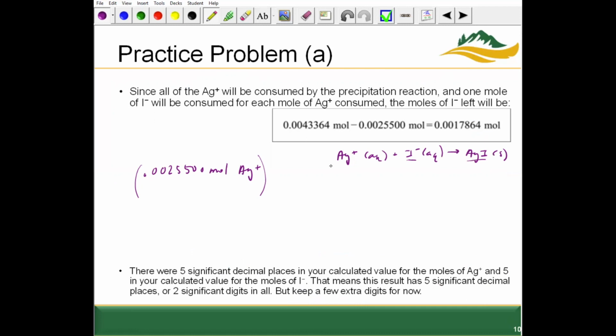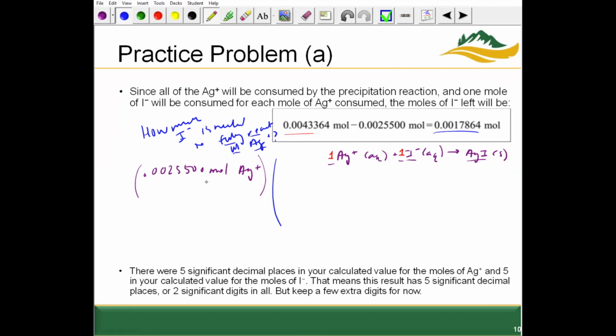Here we have another 1-to-1 mole ratio, so this is an implied 1 here and 1 here. Technically we could just do the subtraction, but I want to show you formally how we get this value as well. So how much I− is needed to fully react with the Ag+?